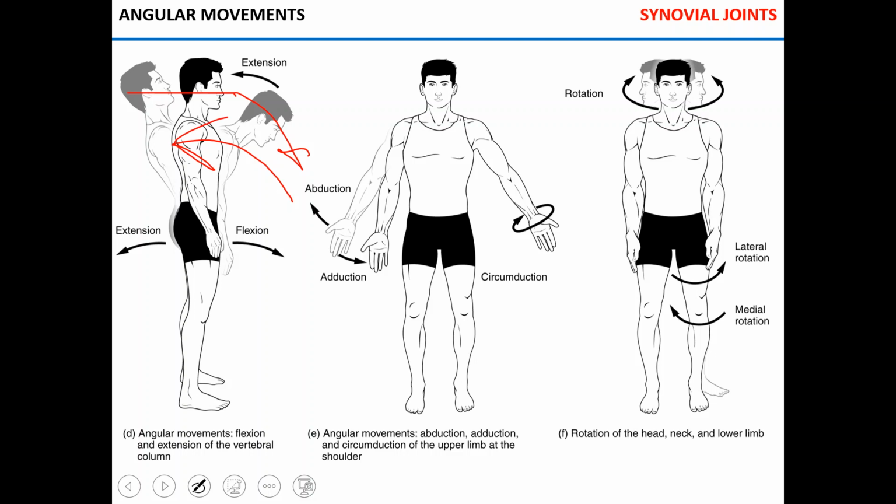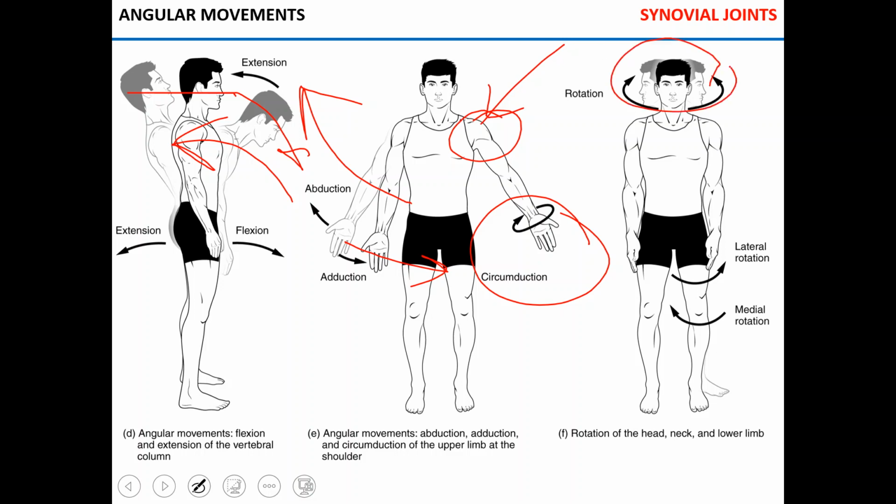Abduction and adduction, as well, movements that occur in the coronal plane. When you take the limb away from the central line, that's abduction. You abduct your limb. When you bring it back to the central line, it's adduction. Circumduction is when the proximal end of the limb is not moving, but the distal end of the limb makes a circle. So essentially, you're kind of making a cone with your limb.